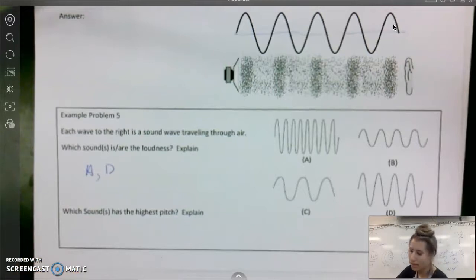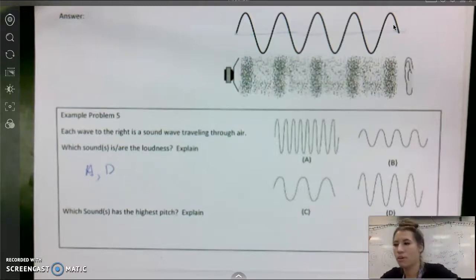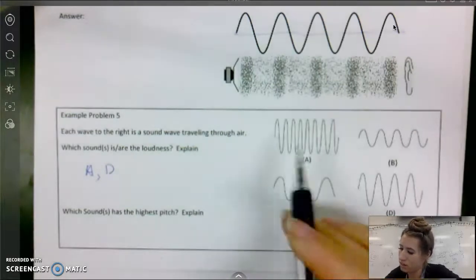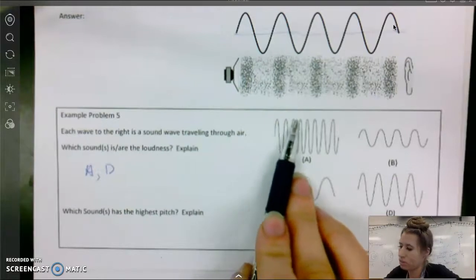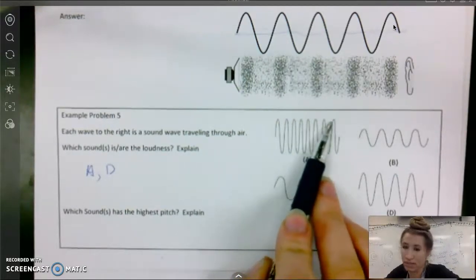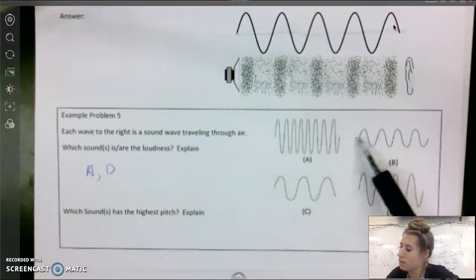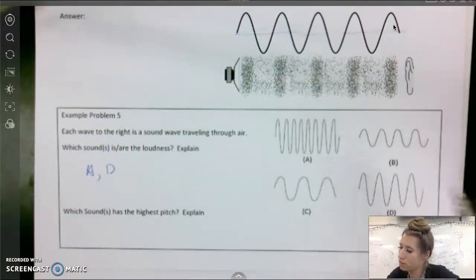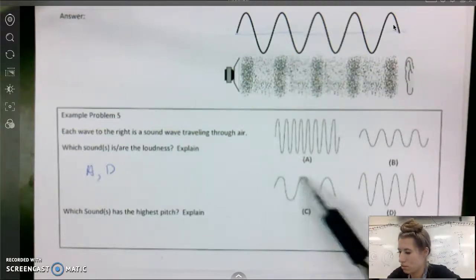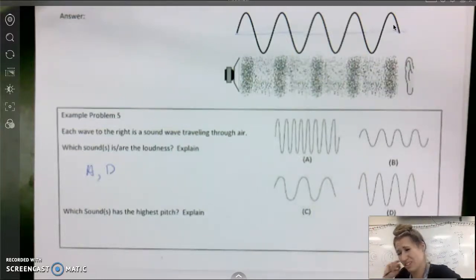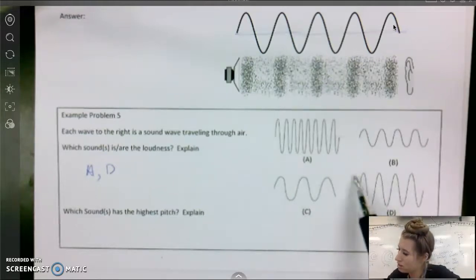Which sounds have the highest pitch? Well, highest pitch means highest frequencies, so more waves in a given amount of time. And so when I look at each of these, peak to peak, so 1, 2, 3, 4, 5, 6, 7-ish wavelengths, 7.5, and then 1, 2, 3, 4 wavelengths, 1, 2, 2-ish wavelengths, 1, 2, 3-ish wavelengths, okay?